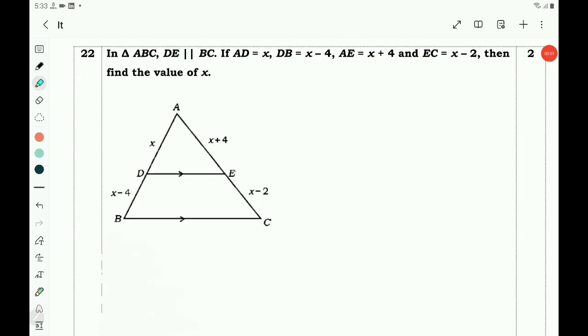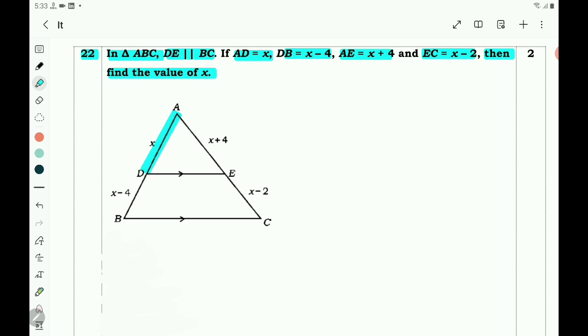Now let us take the 22nd question. In triangle ABC, DE parallel to BC. If AD equals x, DB equals x minus 4, AE equals x plus 4 and EC equals x minus 2, then find the value of x. Here what is given?